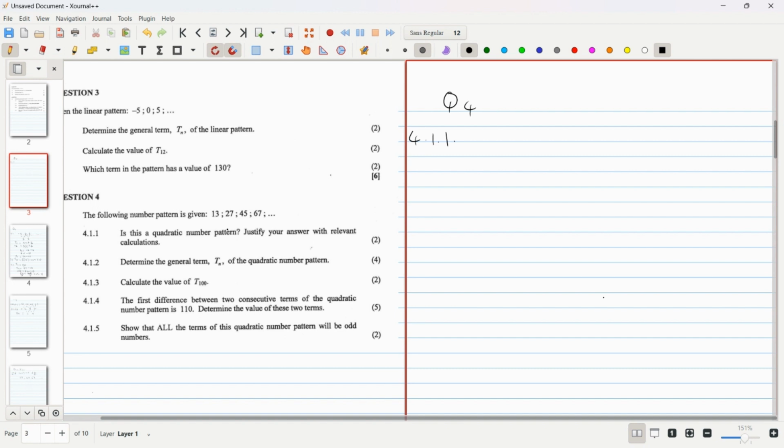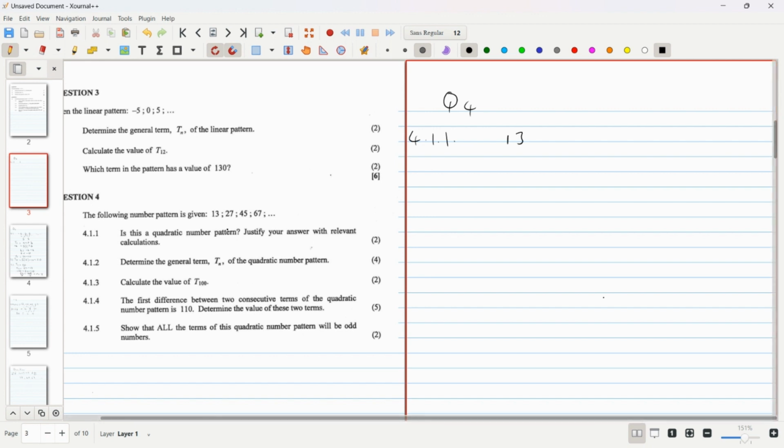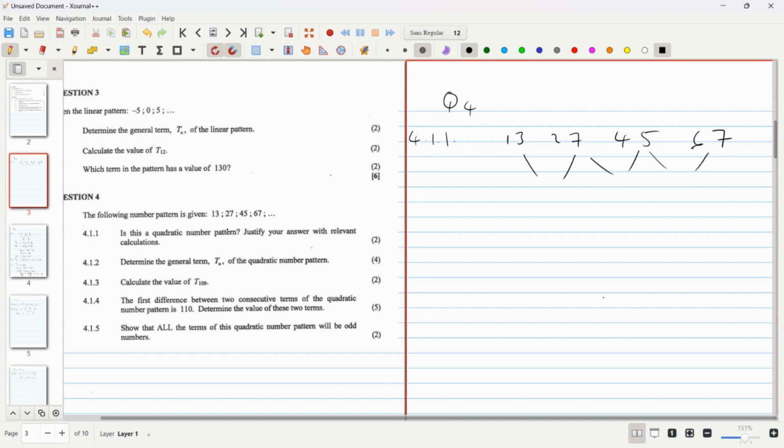For this one, okay, we have 13, 27, 45, and 67. So we want to determine whether it's a quadratic. So let's first find the first difference here, which is 27 minus 13, is 14.